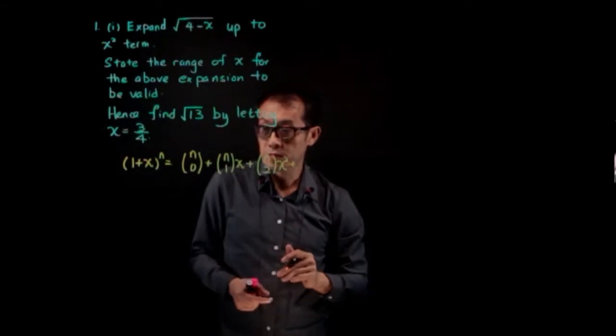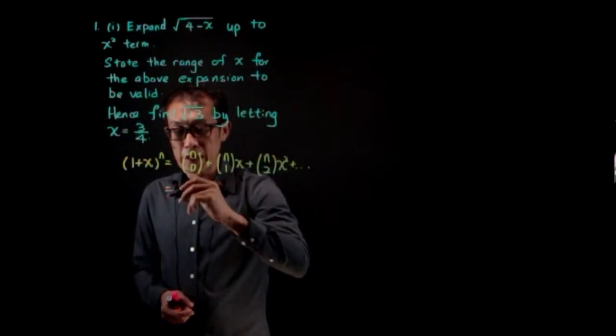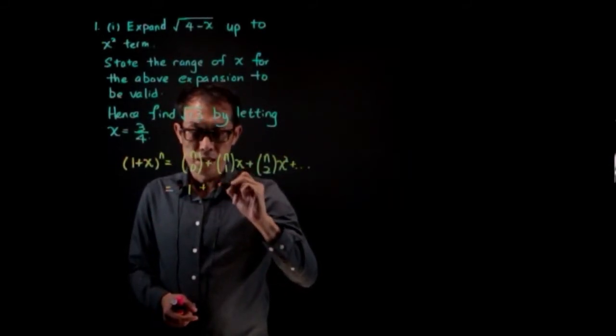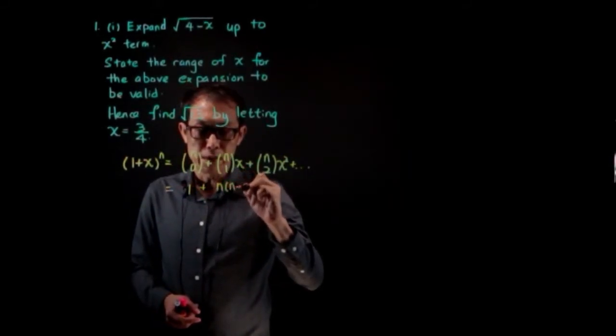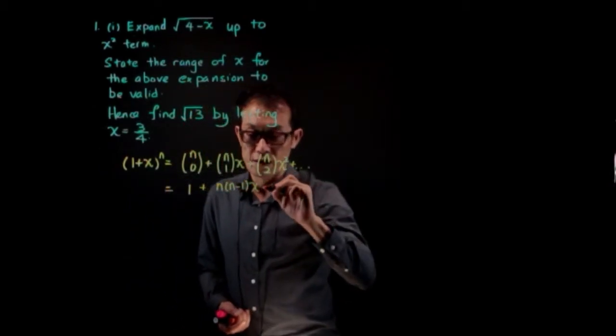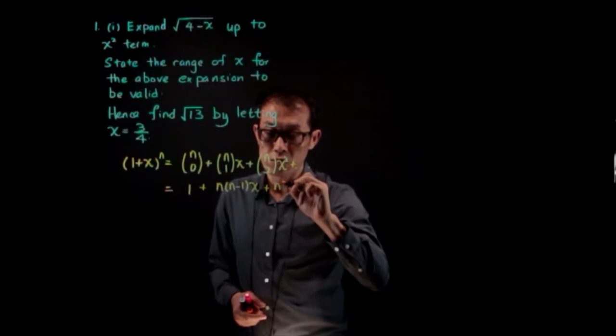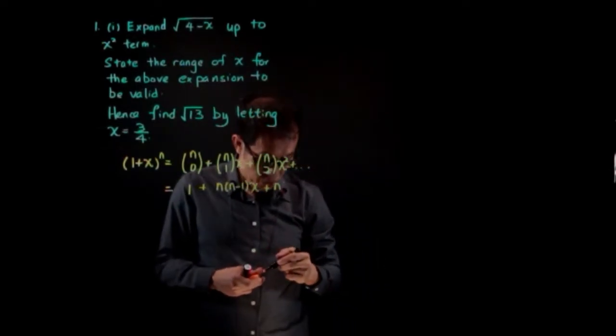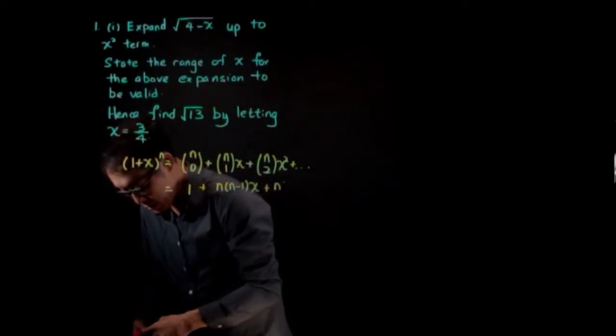Now when I break this down, this will be 1. This is n into n minus 1 x over 1 factorial, right, 1 factorial is 1. So n... I made a mistake.